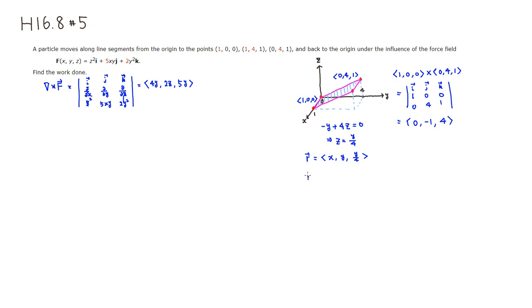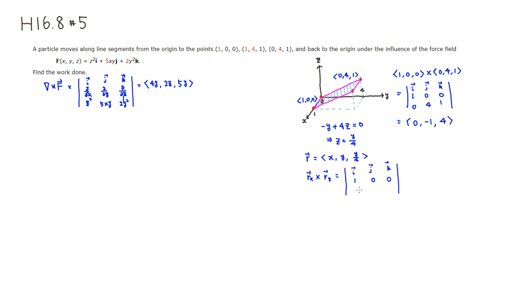We can take r partial with respect to x, cross product r partial with respect to y. Partial with respect to x is 1, 0, 0.